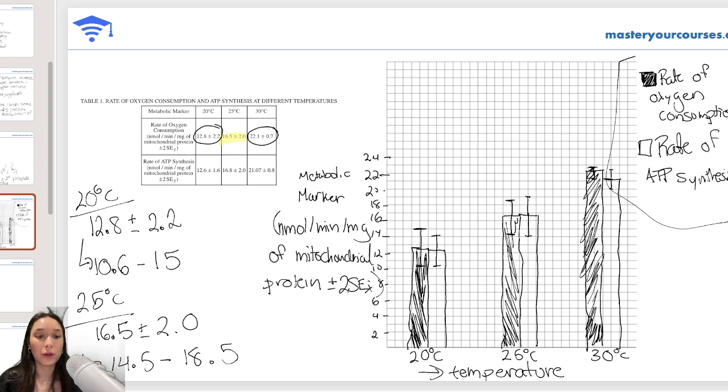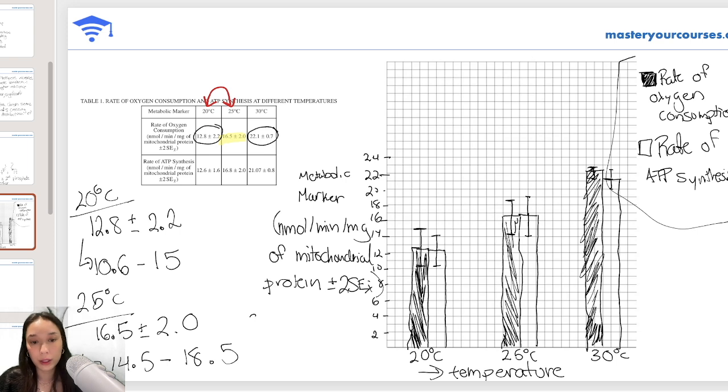These ones actually do overlap because this one goes 10.6 to 15 and this one goes 14.5 to 18.5. And what that means is that the distance between them is actually not significant. So there's no significant difference between 20 and 25 because their ranges overlap. We need to do it for 30 as well, just to double check.